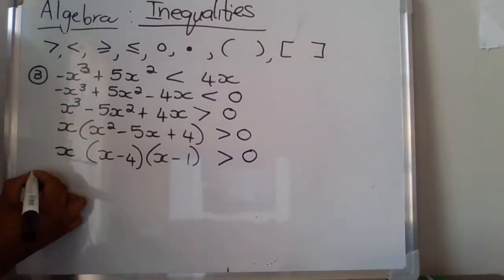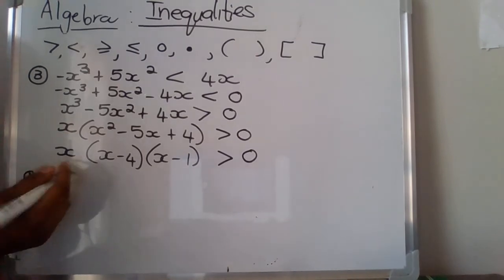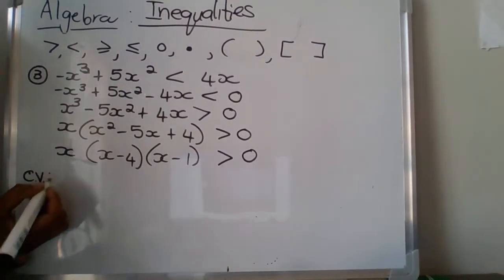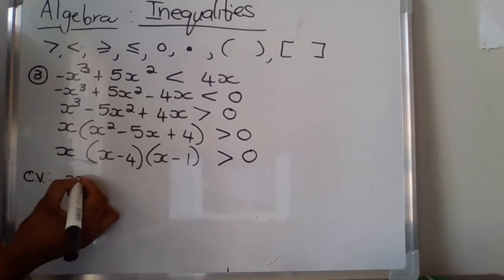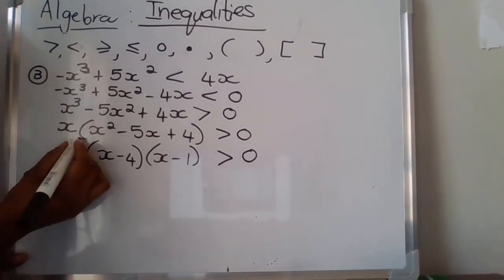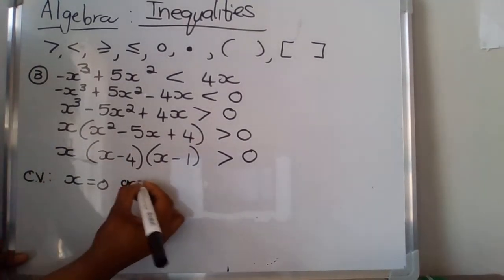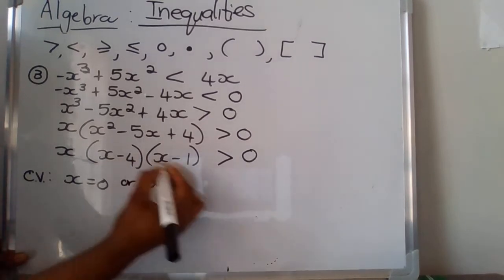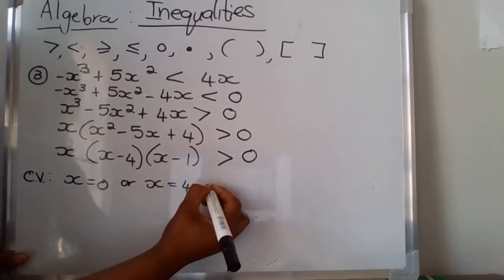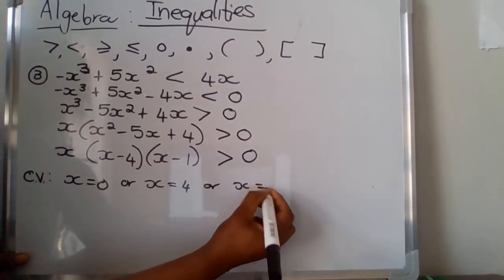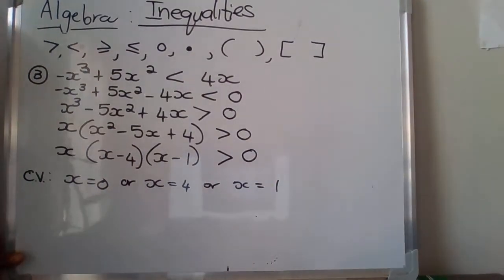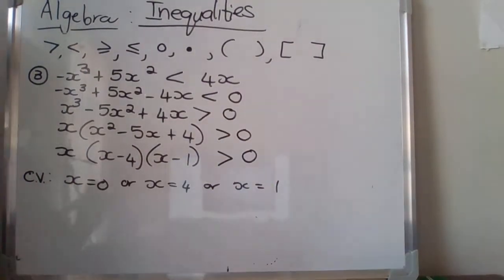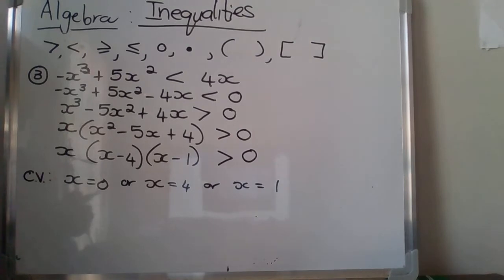So my critical values are when x is equal to 0, this first one here, or when x is equal to 4, or when x is equal to 1. So those are my critical values.